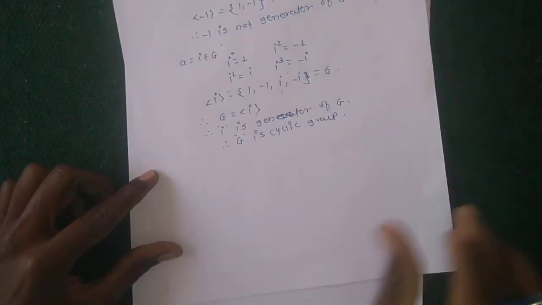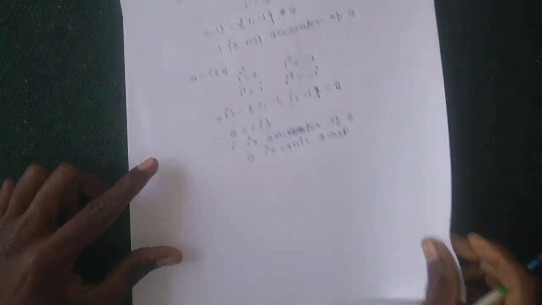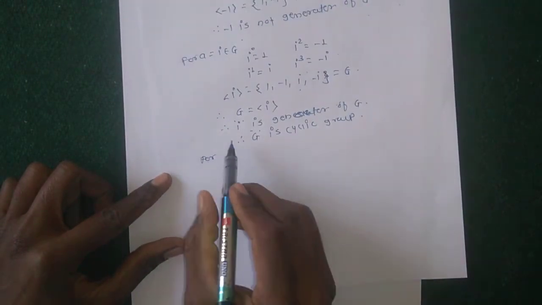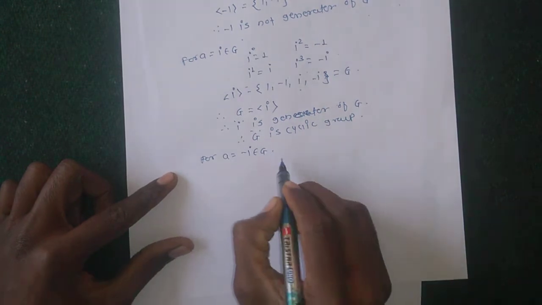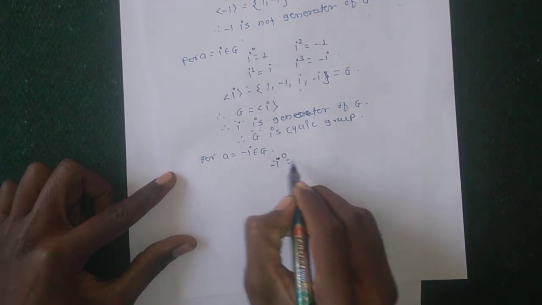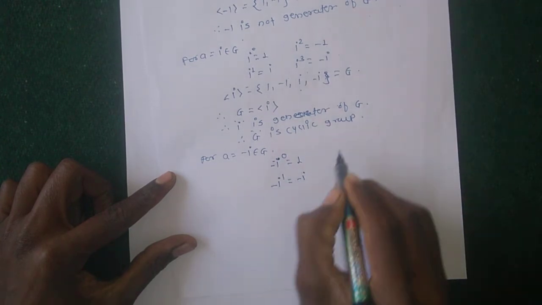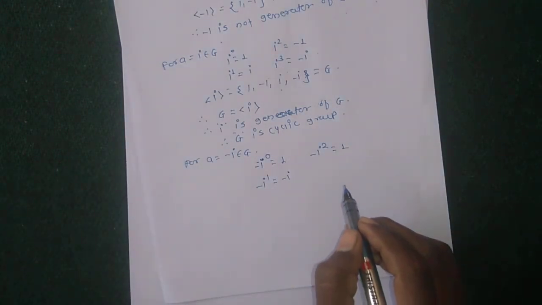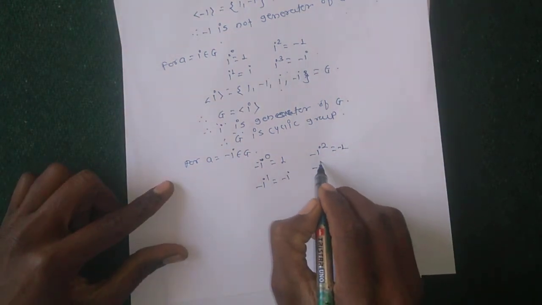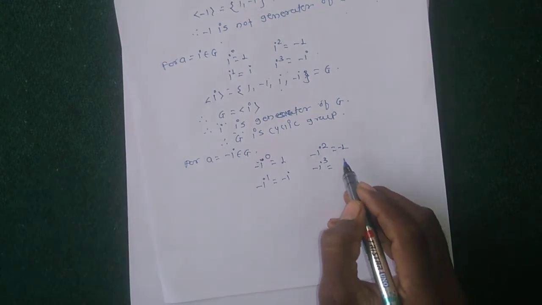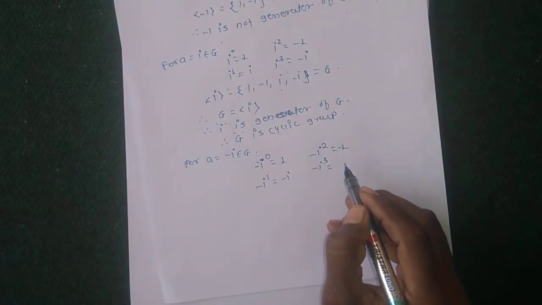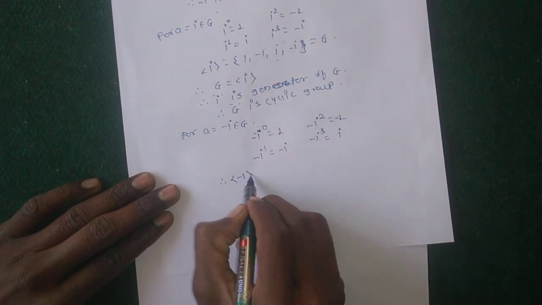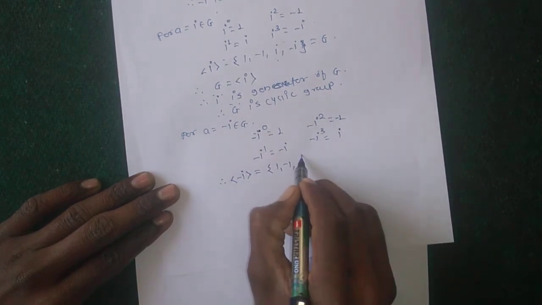Now for the next element, the fourth element, let A equal -I, which belongs to G. Then -I raised to 0 equals 1, -I raised to 1 equals -I, -I square equals -1, and -I cube means -1 times -I, which equals I. So the group generated by -I equals 1, -1, I and -I.